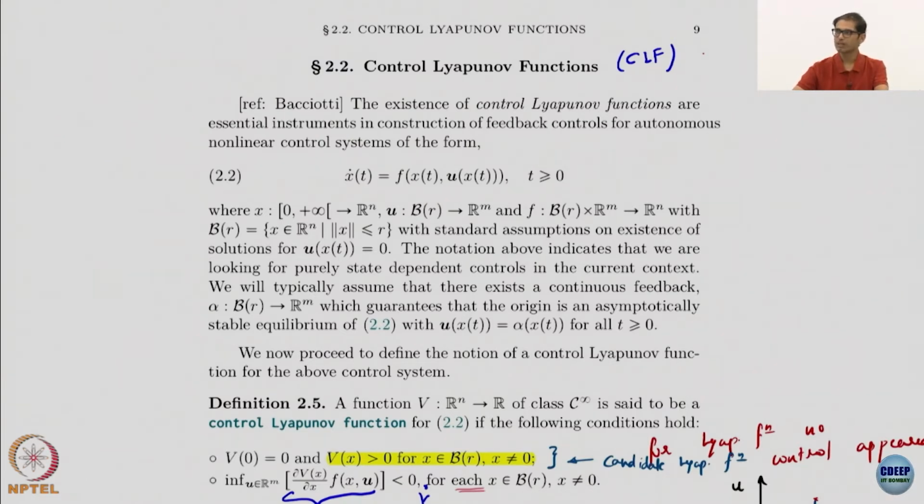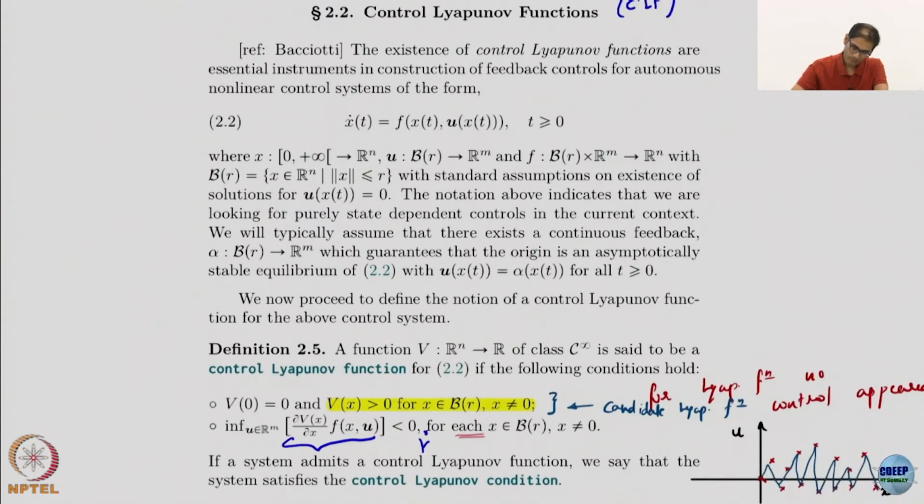Okay, we assume that the control is purely a function of the state and not time explicitly. Time doesn't explicitly appear here. Okay, so this is important. And of course, you have everything in different domains. You have the states in R^n, control in R^m, and the vector field accordingly defined. Okay, we of course assume existence of solutions and so on. Okay, all right.